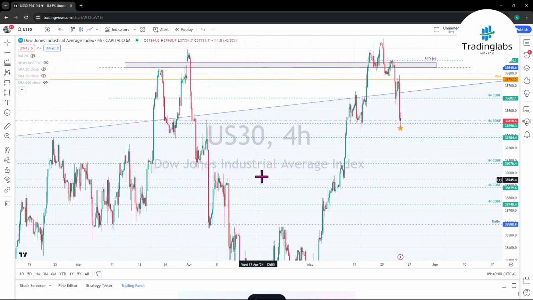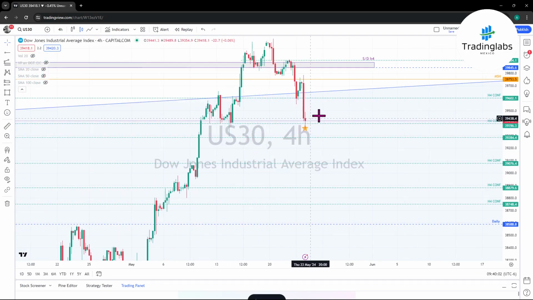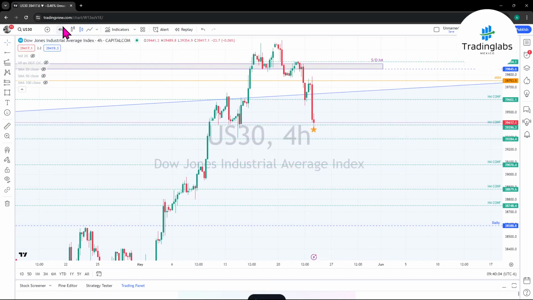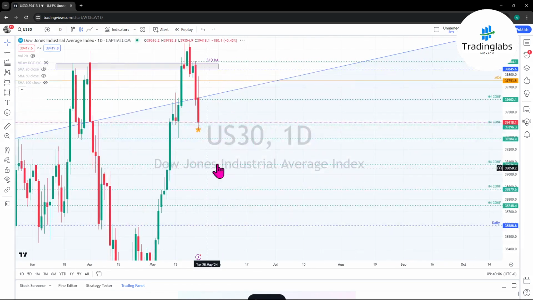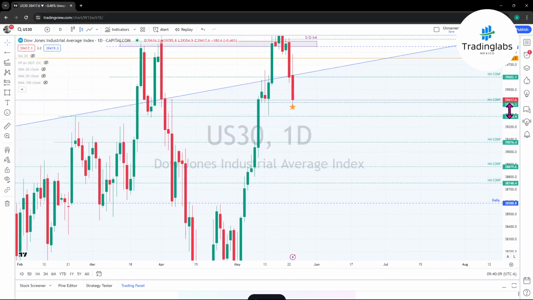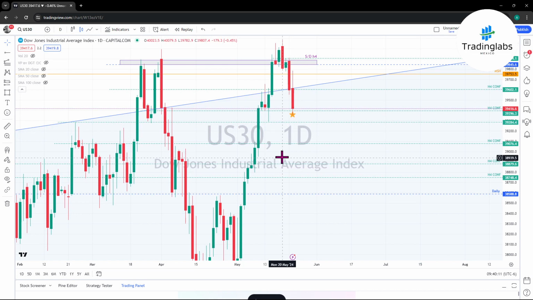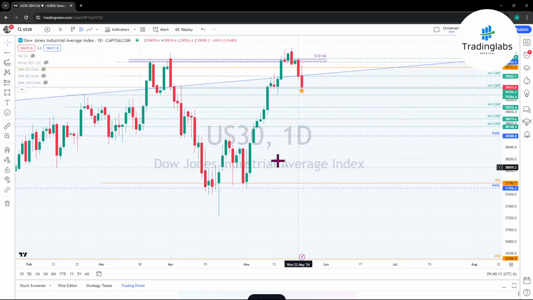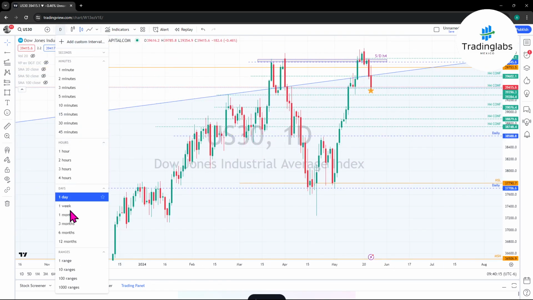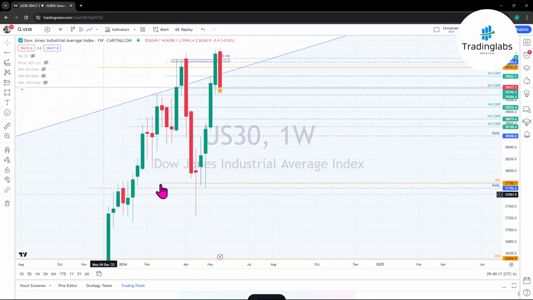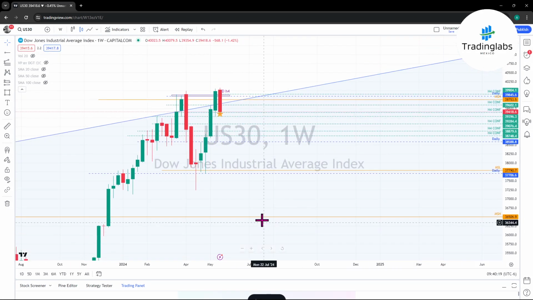For example, right now we are here in the daily. On the daily, we can detect a little bit. Where is the demand zone from the daily? I cannot see it.